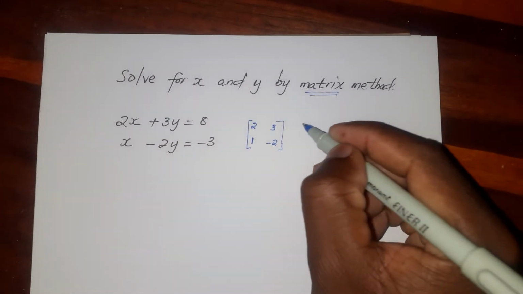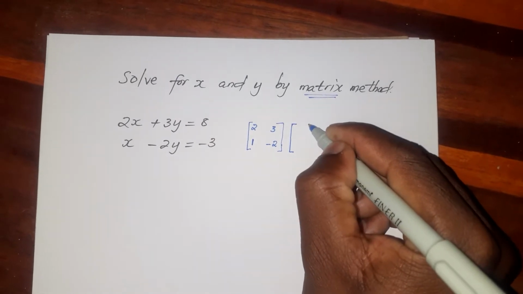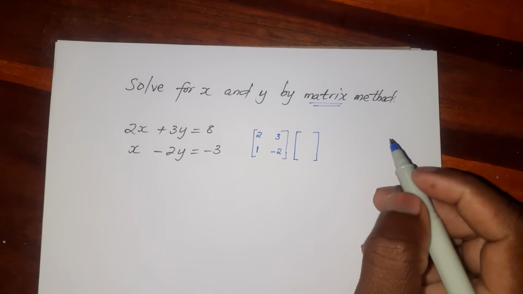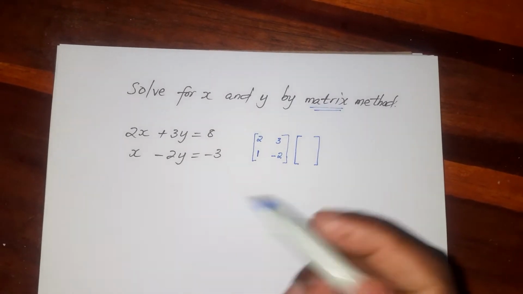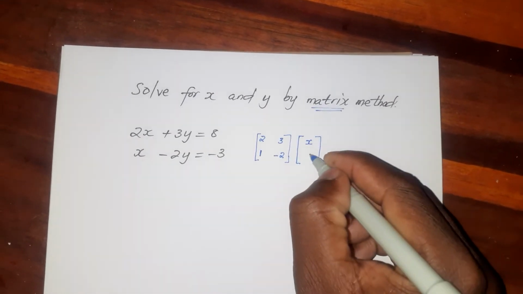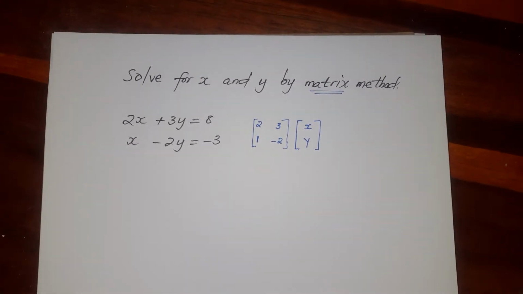After that, I also put another square bracket. In this square bracket, I have to put in the two variables x and y. X comes first, and then y is the last one.